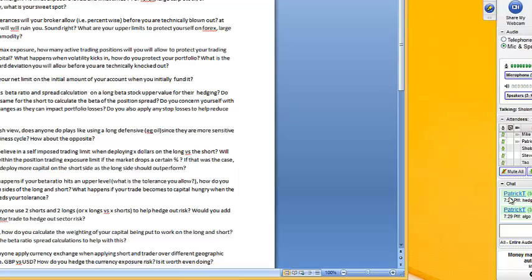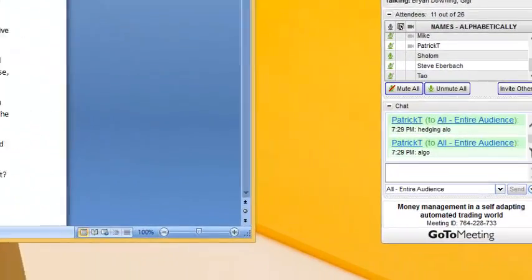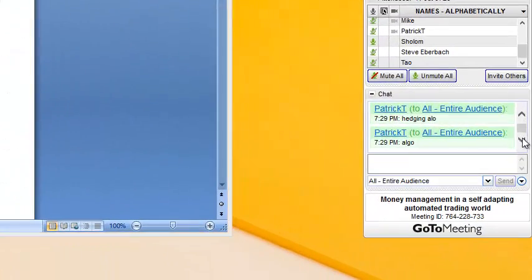Here's an interesting topic that Patrick mentions: hedging algo. If you want to talk about that, Patrick, I don't know if you're able to speak. Yes, but that's not guaranteed. It's likely to work, but it's not a guarantee. Hedging algo? Yes. Because the market can move faster than any algo. True.